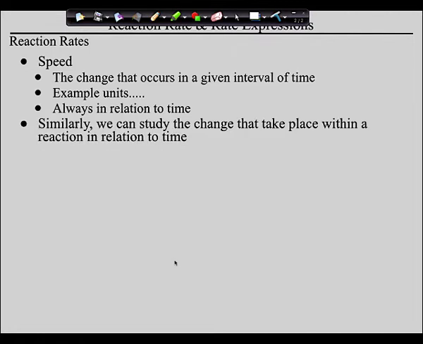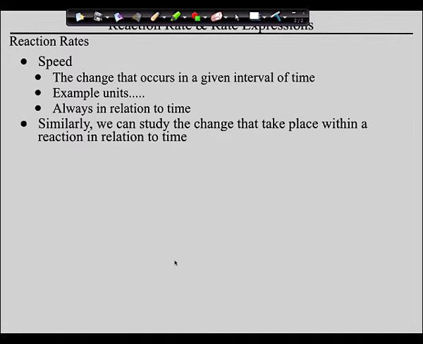So similarly, and heaven knows you don't need to write this down, we can figure out how fast reactions are going by relating what is going on inside that reaction to time. But what are we going to track about a reaction to figure out how fast it's going? What do reactions do? Fundamentally, what do they do? They consume stuff and they make stuff.